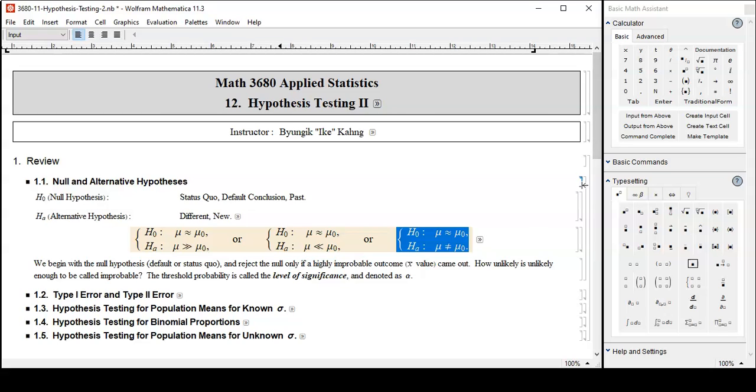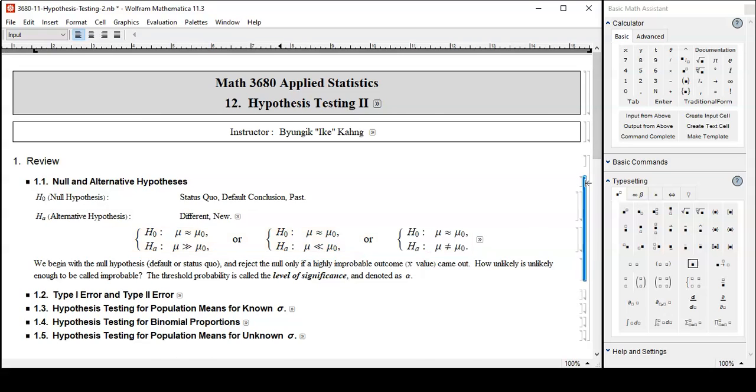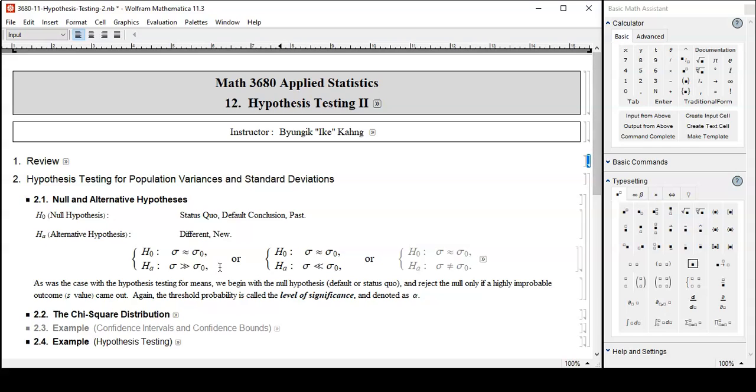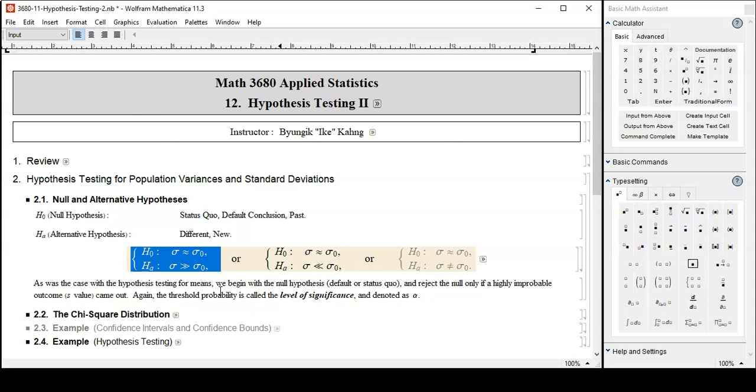But if that's really the case, then probably this is a much better hypothesis testing that we'll have to do. Data may be just too spread out. That's why we have so many different x bars flying around.